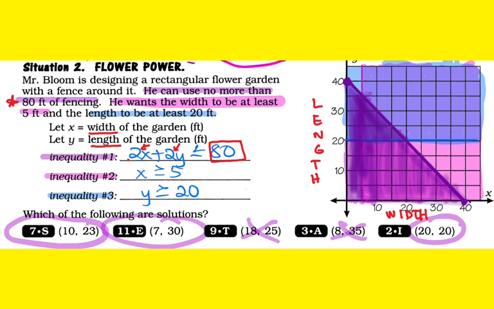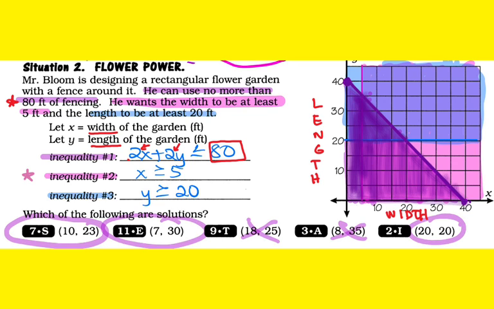Then I have a width limitation of only 5 feet. So I know that my width, I don't want to be more than 5 feet, right?